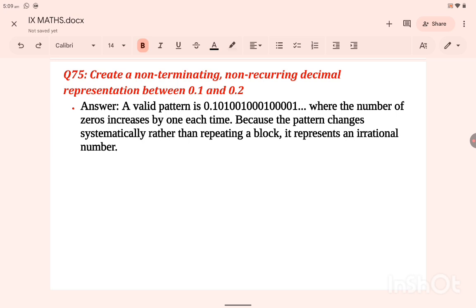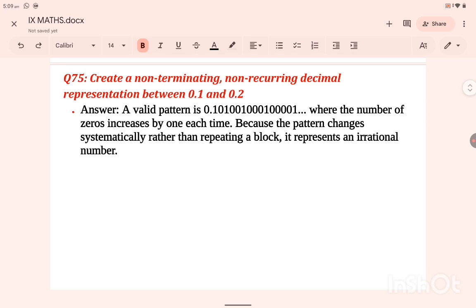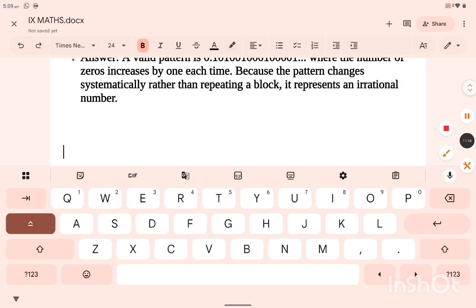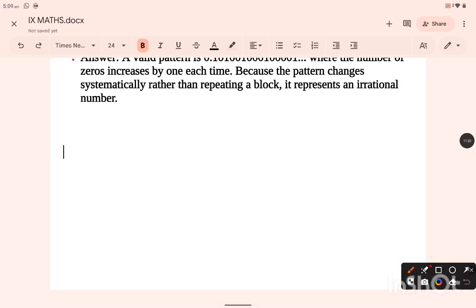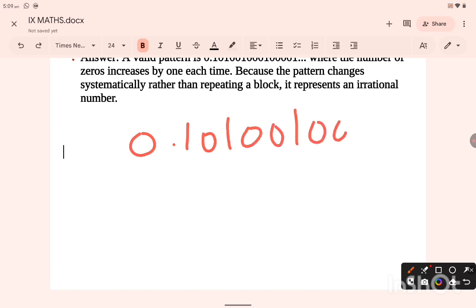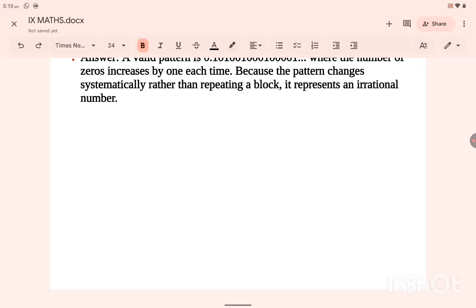We have infinitely many. Out of that infinity, one irrational number, for example, 0.10100100 and so on. This is a non-terminating, non-recurring decimal. Right. Now, next question.